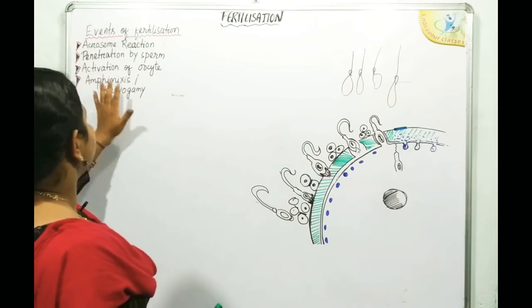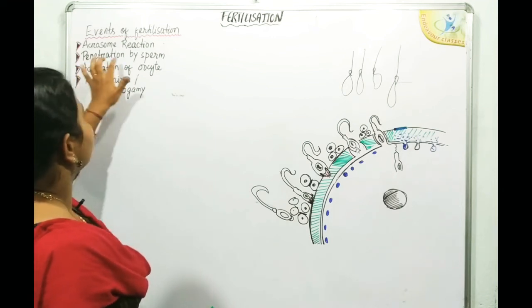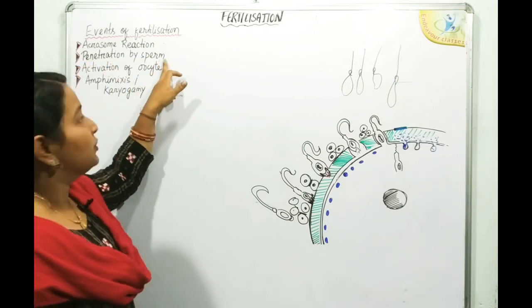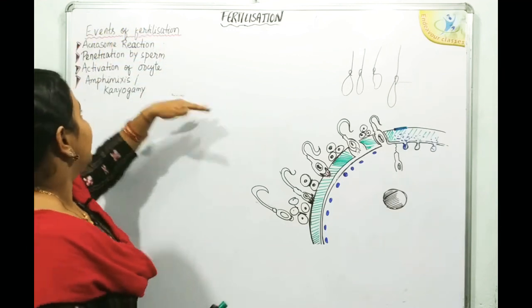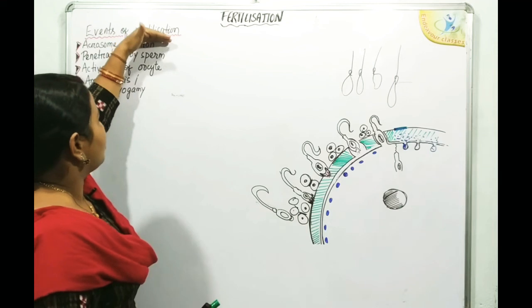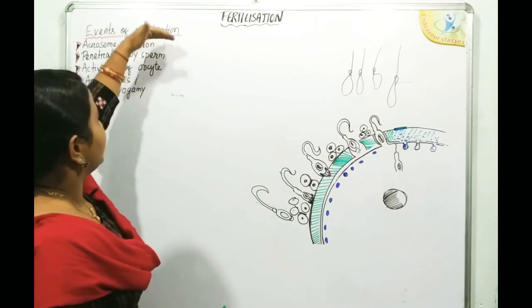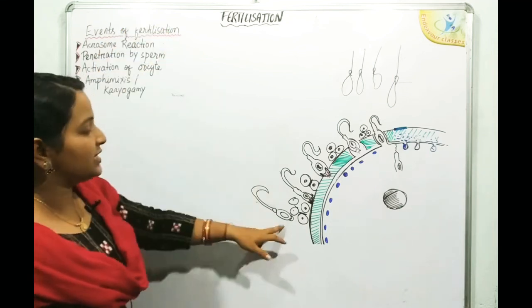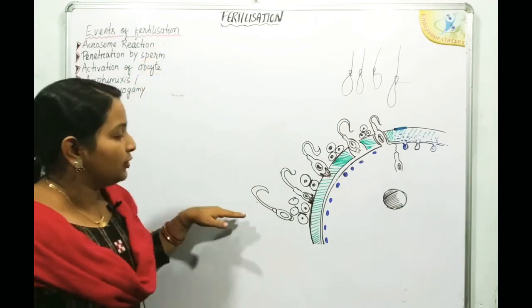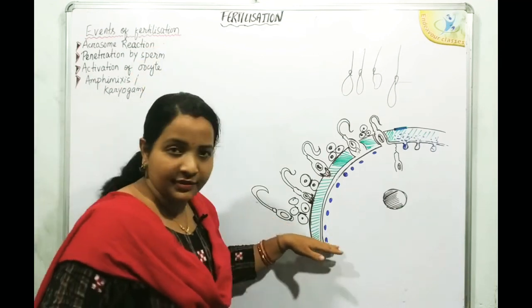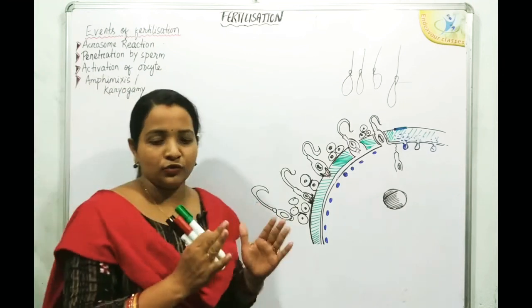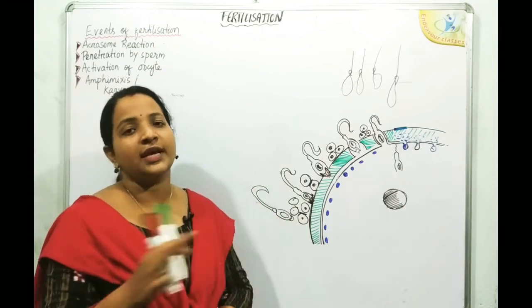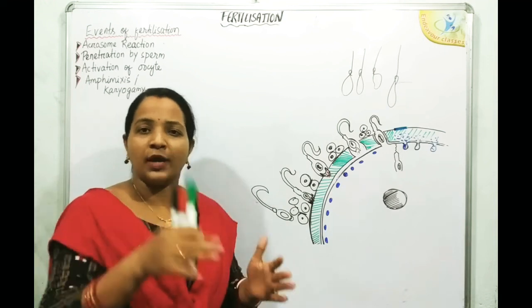So first is the penetration by the sperm, which is the result of the acrosome reaction. Remember, the acrosome reaction occurs before penetration, which enables the sperm to enter the membranes of the egg. So what is the acrosome reaction? The acrosome reaction means the reactions which occur over the acrosome.